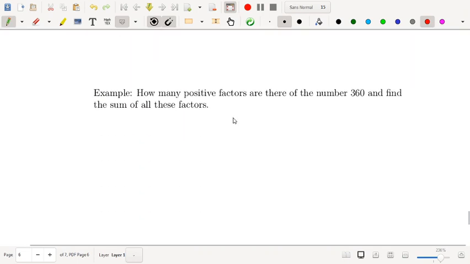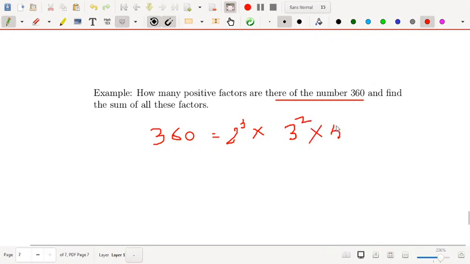Let us have a problem on that. How many positive factors are there for the number 360? If you prime factorize 360, you will get 2 cube into 3 square into 5.